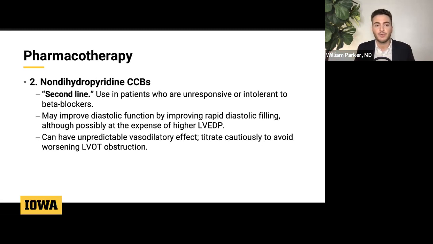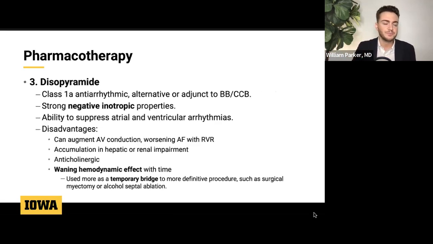They may improve diastolic function by improving rapid diastolic filling, but this comes at the expense of maybe causing higher left ventricular end diastolic pressure. Also a reason to be cautious with them. Same as before, you'd preferably not use an alpha beta blocker. Even non-dihydropyridine calcium channel blockers can have a pretty profound peripheral vasodilatory effect, so titrate cautiously if you're introducing these medications.